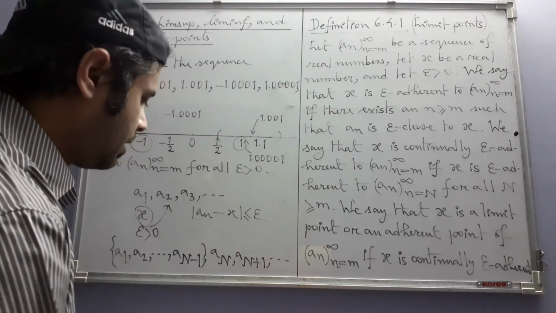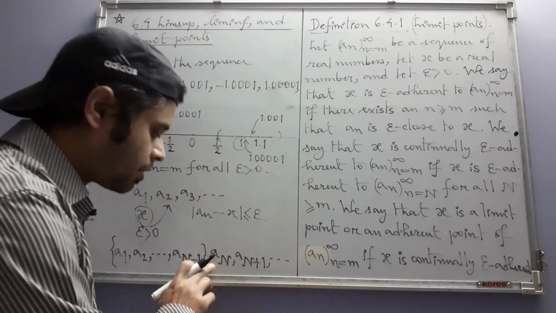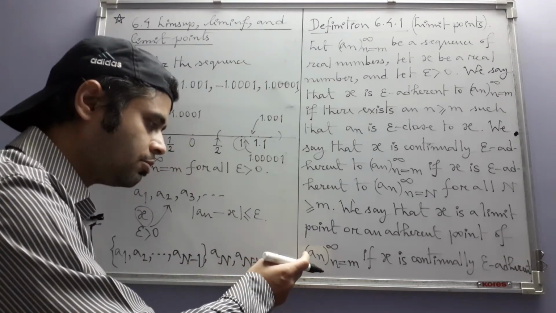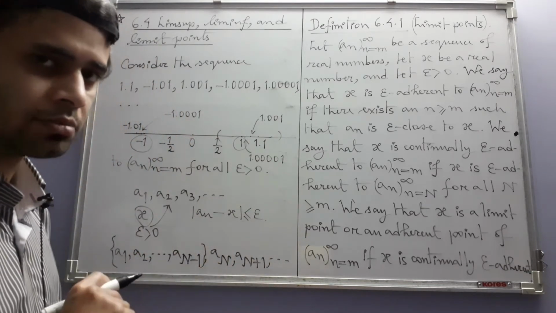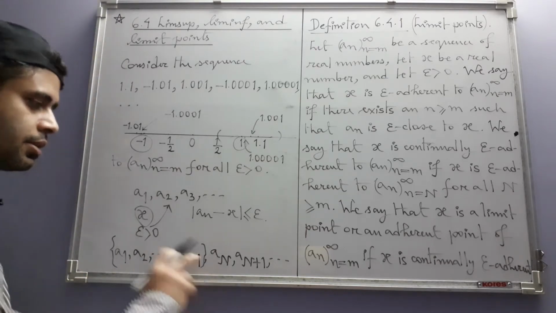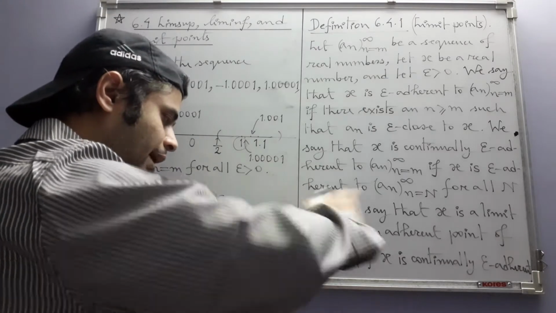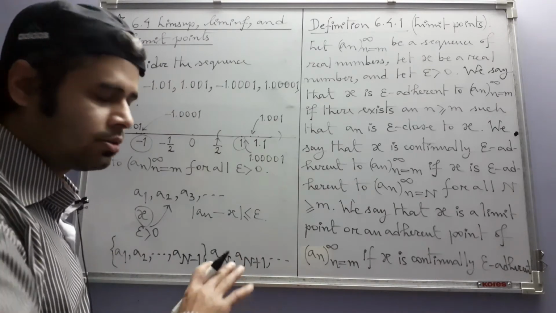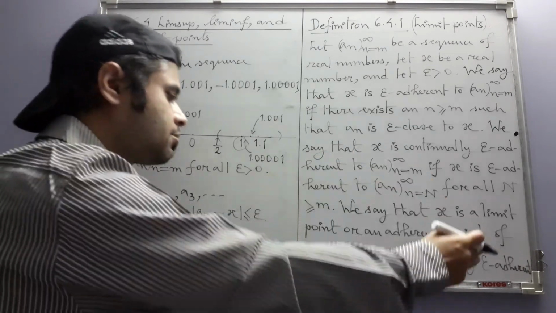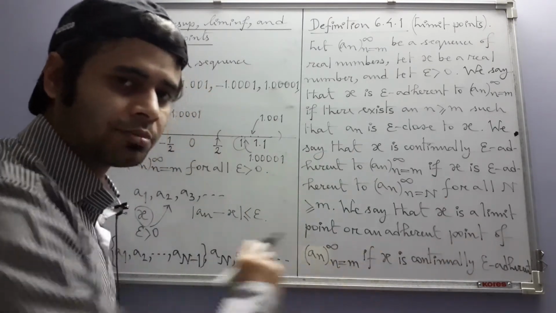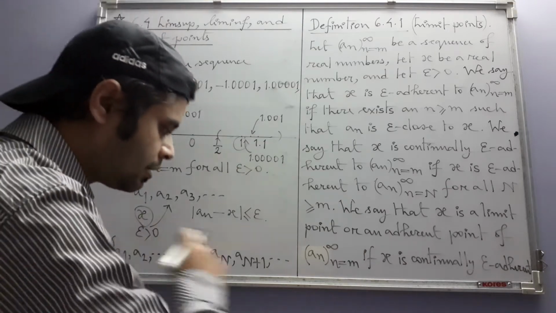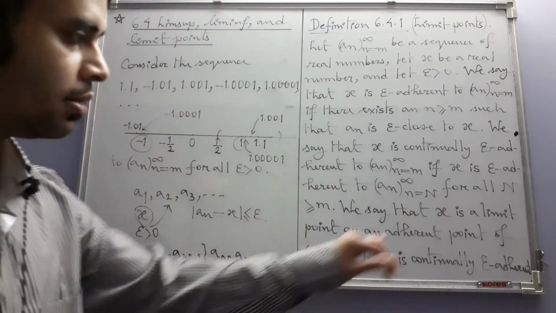And this continues. From this also, if you remove finitely many terms from the beginning, then that remaining sequence also has the property that x is close to something from there. And it continues without any end.